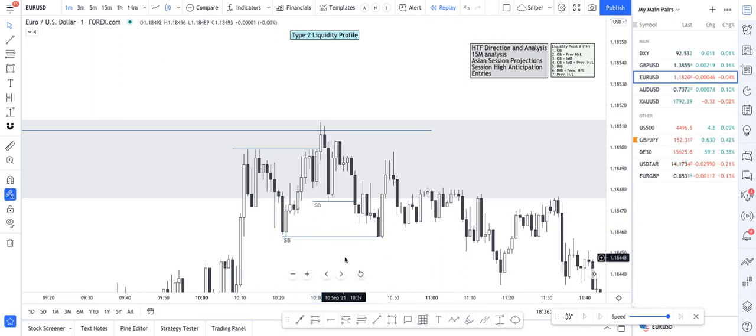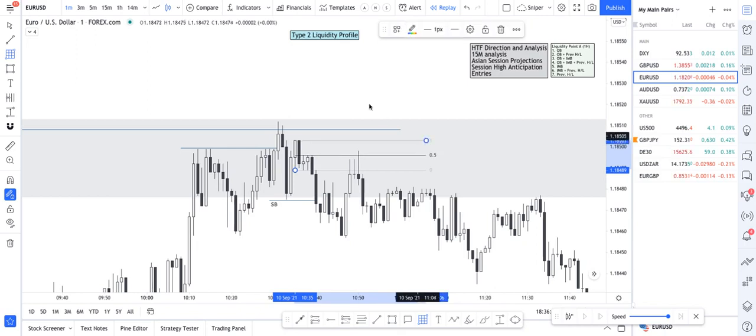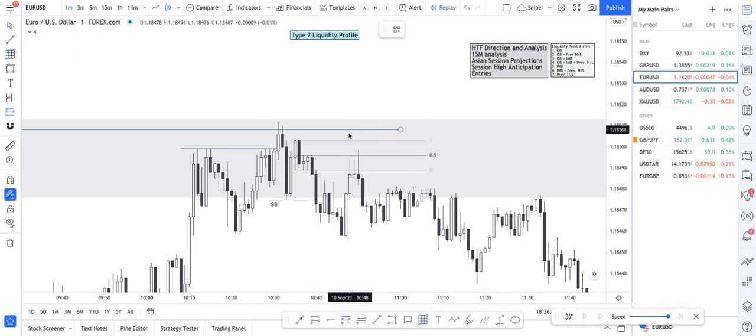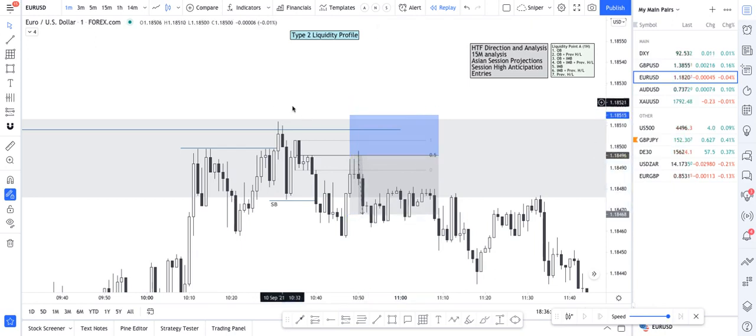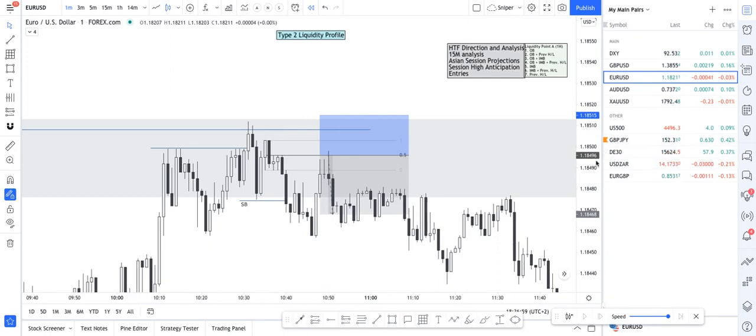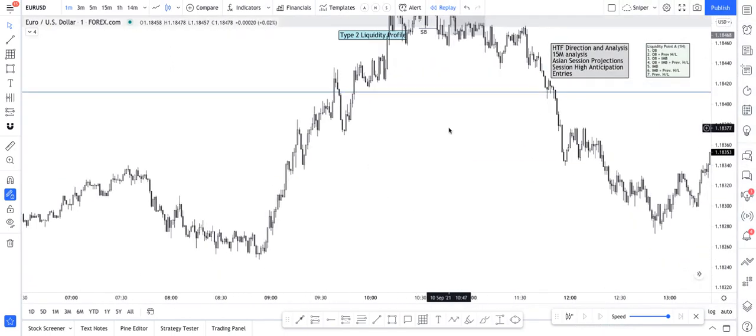I think it's more like equal lows, so I'm not going to count that. And then we have our last buy to sell area. So the second entry or confirmation entry would then be 50%, stop loss still above the zone, and then take profit again at the Asian lows.